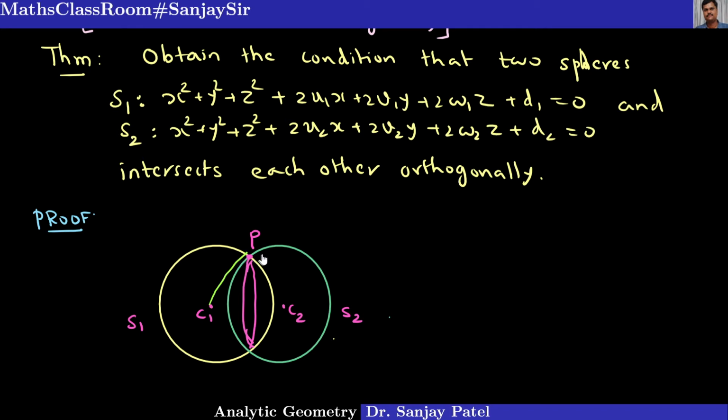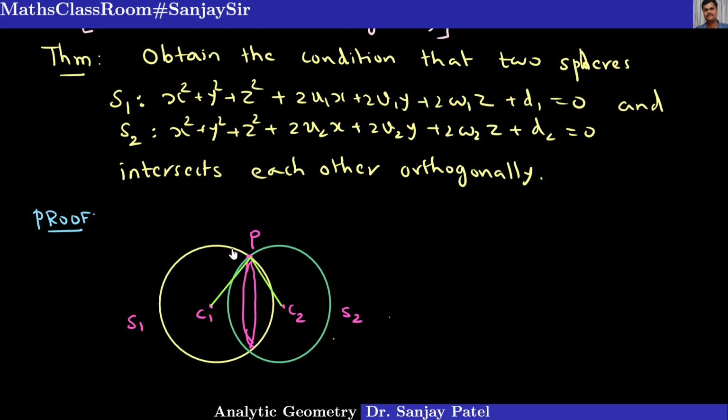let me draw it properly. If I join C1P and another line C2P, and make these the radii, then if two spheres are intersecting each other, C1P and C2P are the radii of S1 and S2 respectively.